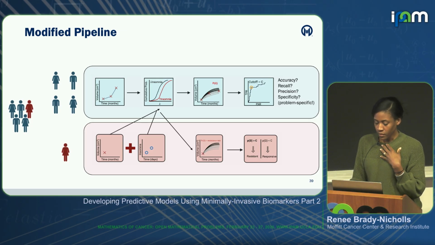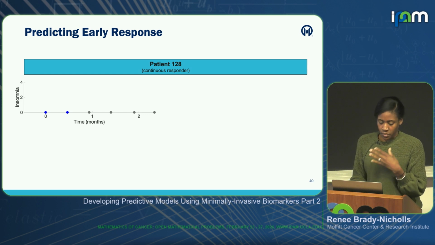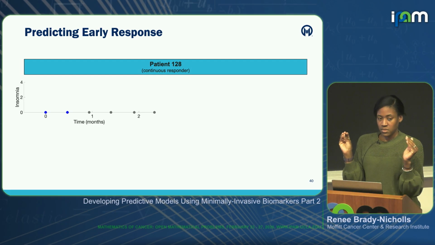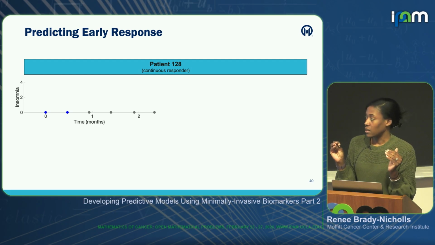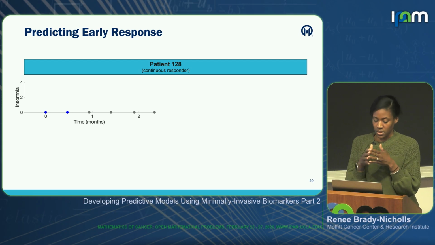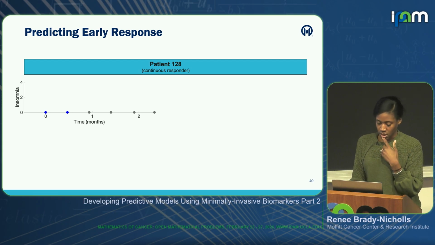Okay. All right. So what that looks like for an individual patient is shown here. So this patient 128 is a continuous responder. Their insomnia levels stayed relatively constant at 0. We're looking at just the difference between these two time points that are shown in blue. They're staying the same.